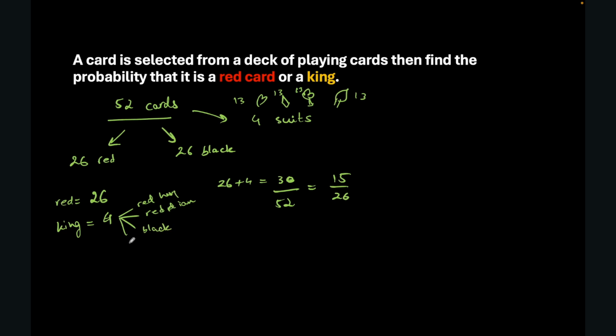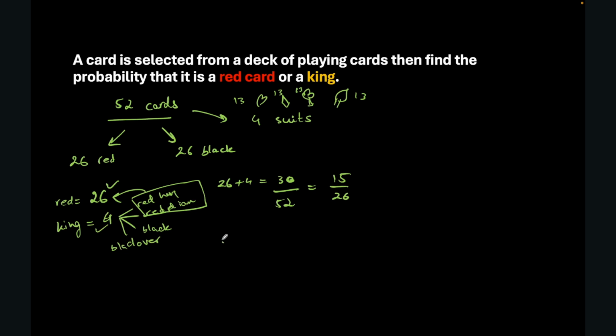So I've already accounted for these two red kings in this case. I actually have to subtract 2 to remove the double count. I've double counted them because they're already here, and then I've done it here again.